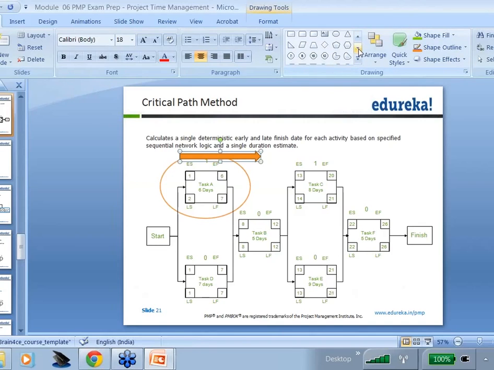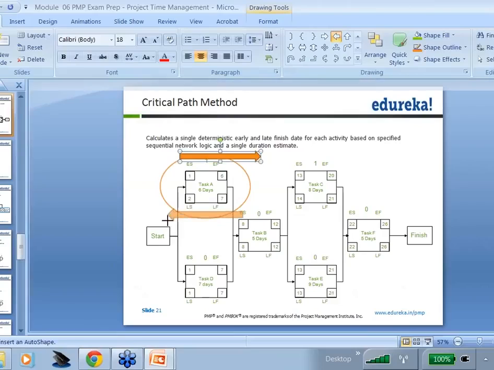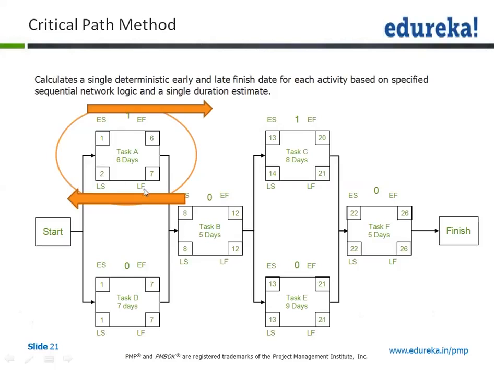And when I'm going in the reverse direction, from late finish to late start, this is called the backward pass. So the arrow on the top is the forward pass arrow. The arrow below the block is the backward pass. Okay, you are clear till this stage?